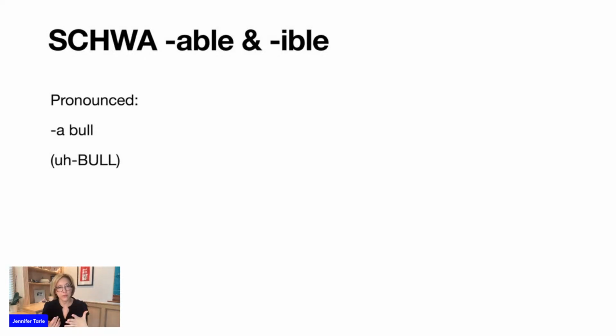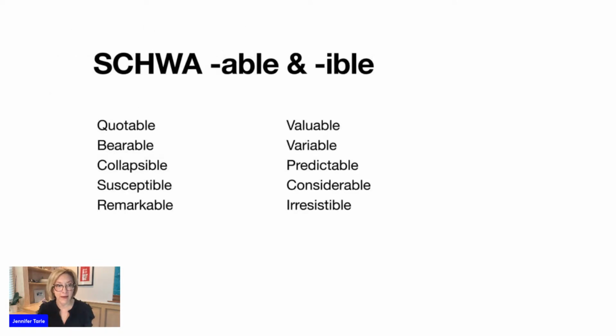All right, so that's what we're going to think about. We are going to think about pronouncing this as a bull, a bull. And you can hear when I'm doing my slow example, it sounds a little different than when I say it quickly and naturally. So a bull, I'm teaching, a bull is how I'm actually pronouncing it. But then it's going to sound a little different when I put it in a word. Let's listen to that.